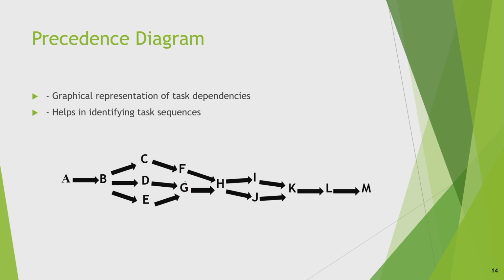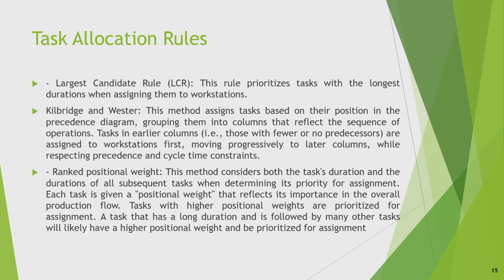Then F and G: if C is complete you can do F, and if D and E both are complete, then only you can do G. If F and G both are complete, then only you can do H. I can be done after completing H, and J can be done, then K can be done if I and J are complete, and after that L and M. Like that we have made it.